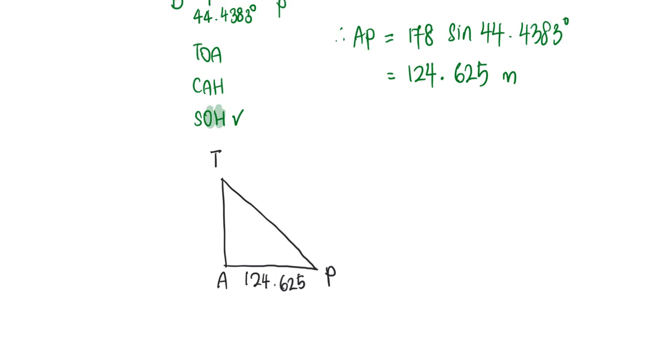I got my height of the building 75.5565. The angle of depression of point P from point T is this angle, and this angle happens to be the same as angle APT by alternate angles. So this is my angle of depression.